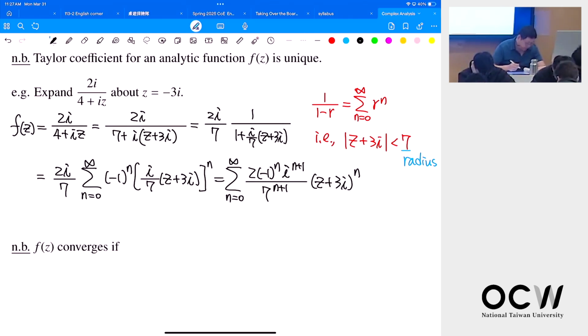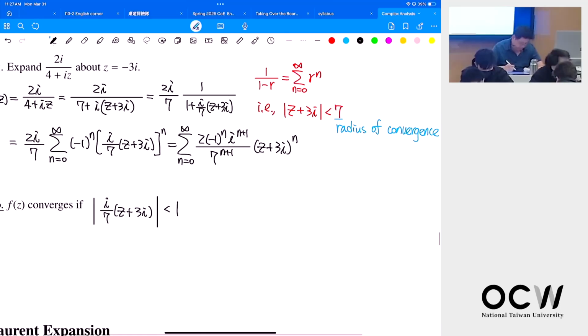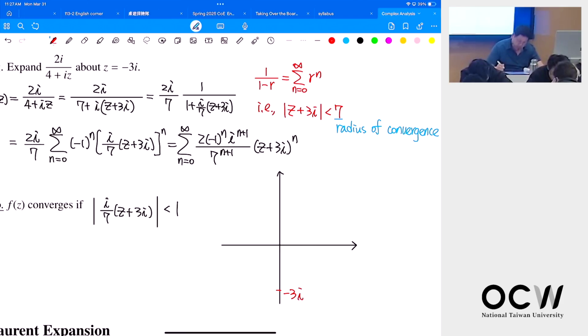So if |i/7 (z plus 3i)| is less than 1, then we have minus 3i and plus 7, we will get 4i.